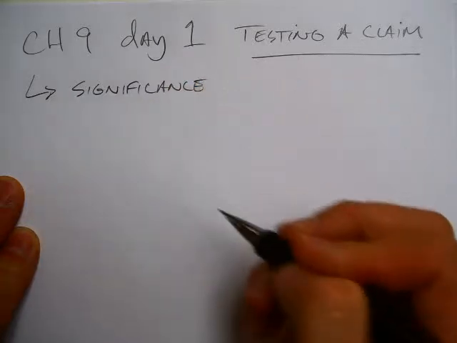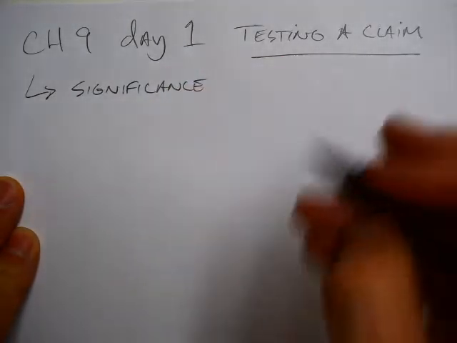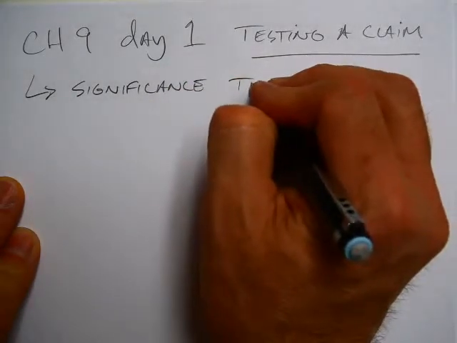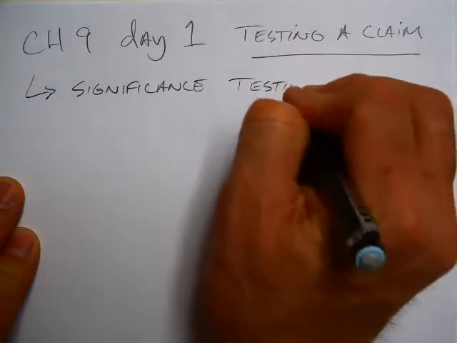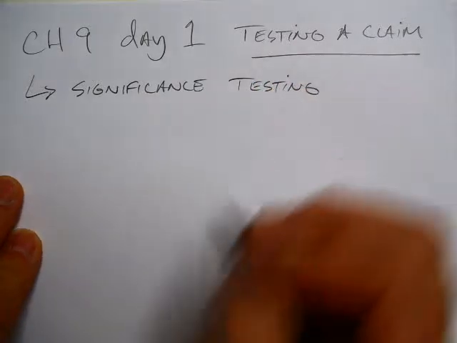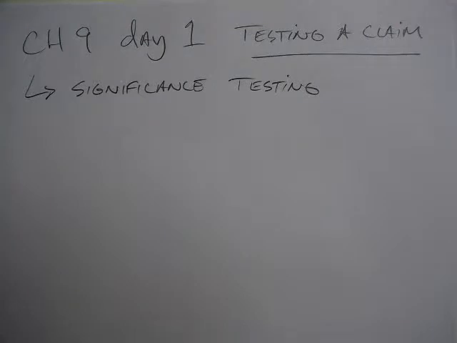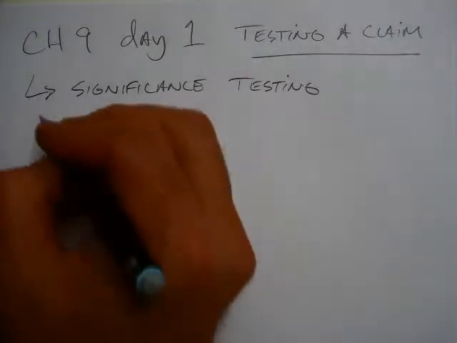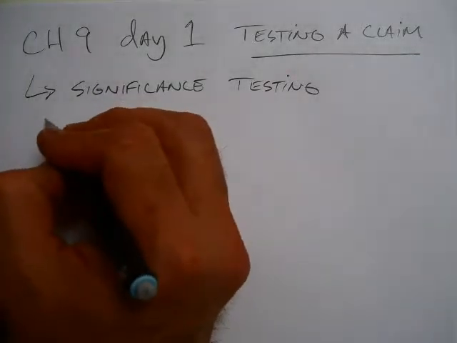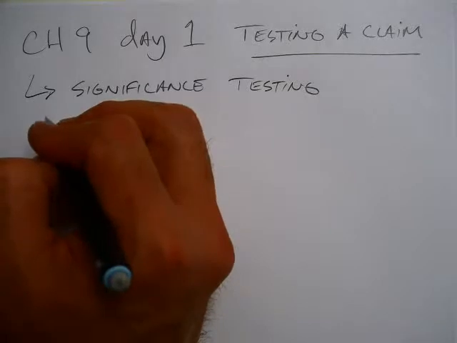And we've already talked about significance. What have I said about things being significant? If it's in the tail, right? It's unlikely to occur and it's significant. We've talked about that in the past. Okay, so we're looking to see if an event is likely to happen or not.